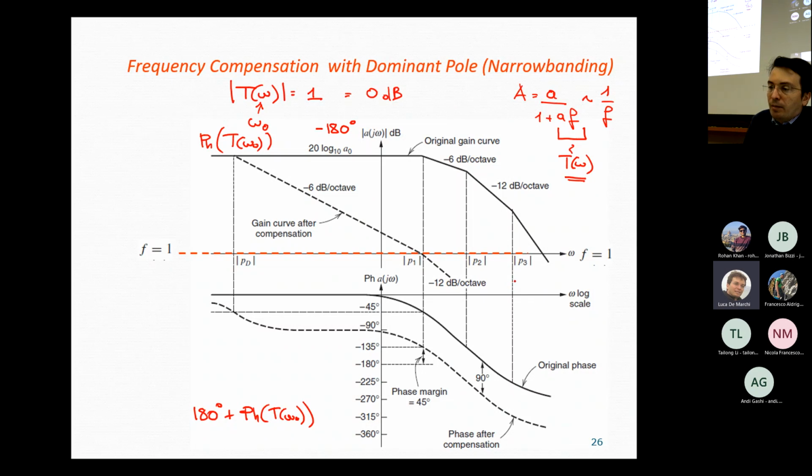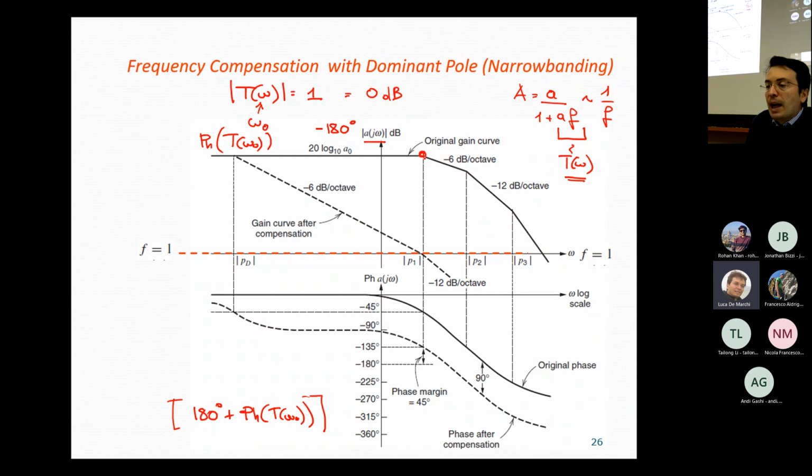How do we use the Bode plots to analyze these quantities? First of all, we start from the sketch of A of j omega in terms of modulus. A of j omega will be flat until we hit the angular frequency which corresponds to the first pole position.